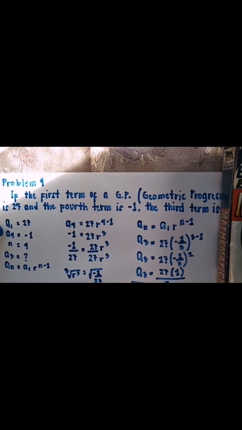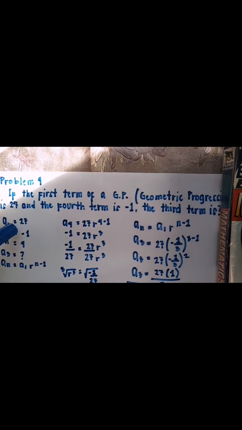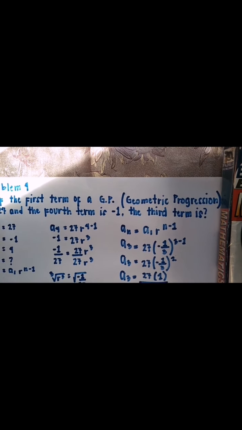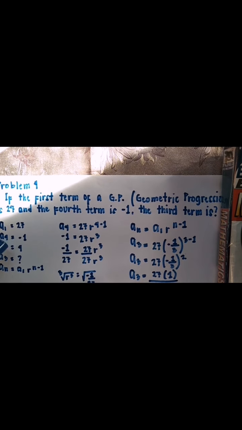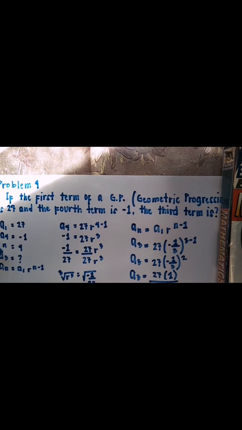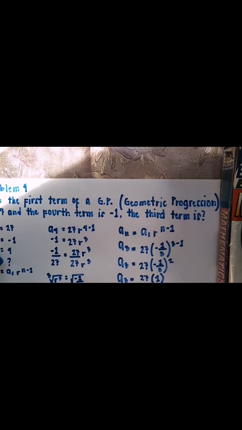Let's write our given numbers: a sub 1 is equal to 27, a sub 4 is negative 1, n is 4, and a sub 3 is our missing term.